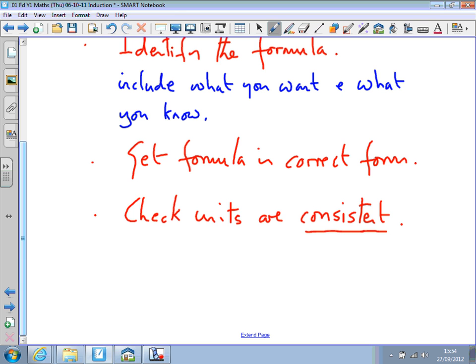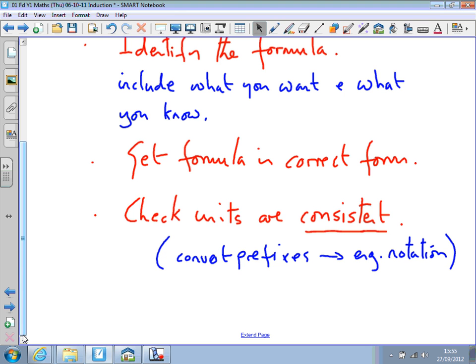Check the units are consistent. And that, of course, includes convert prefixes back to engineering notation, which we had to do. So check units are consistent.